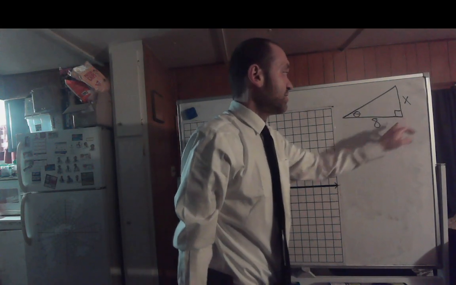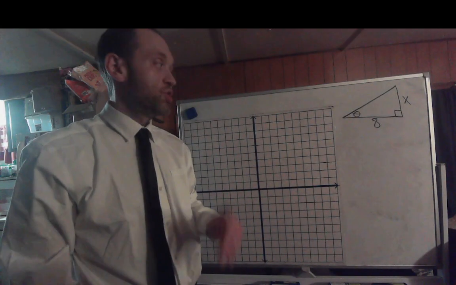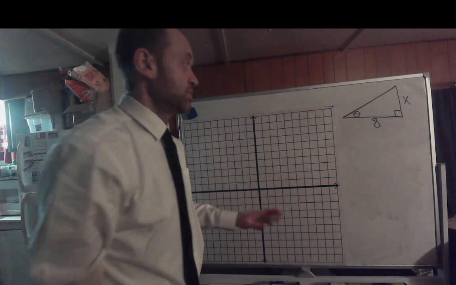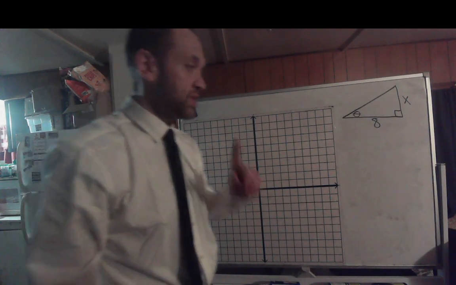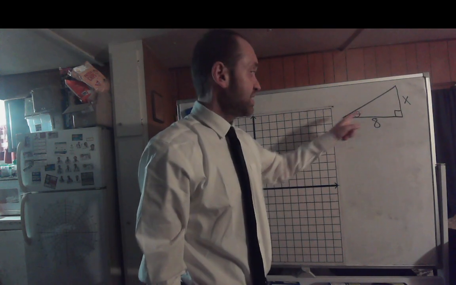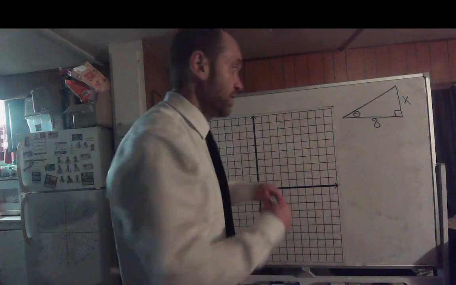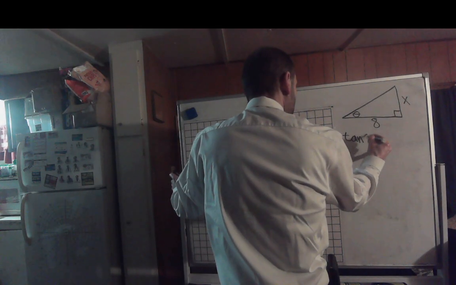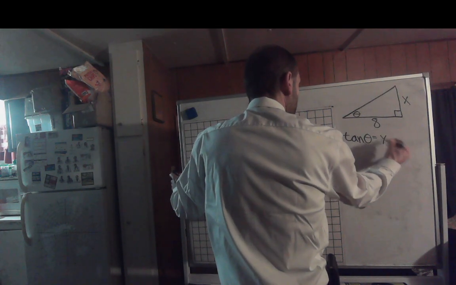Then you have x over 8. The goal is to write theta as an inverse trig function of these values. Well, how does this relate with theta? If we take the tangent of theta, you get x over 8, right? So the tangent of theta is going to equal x over 8.